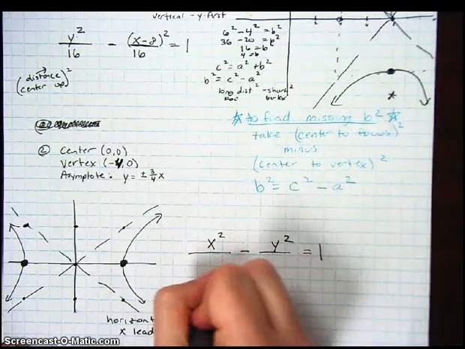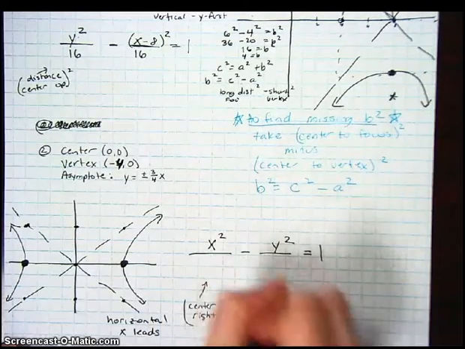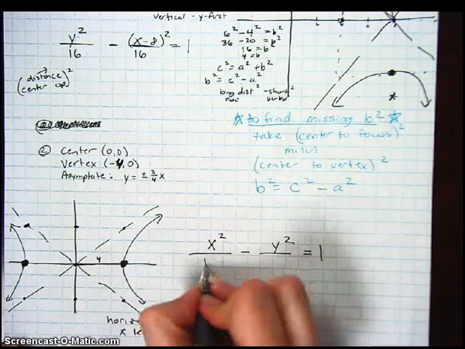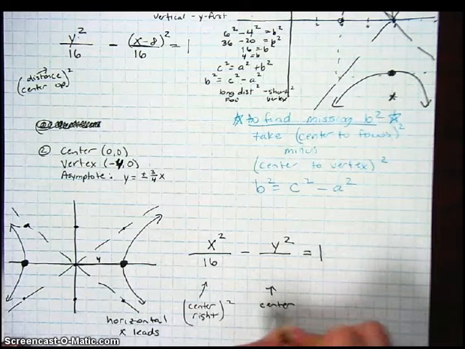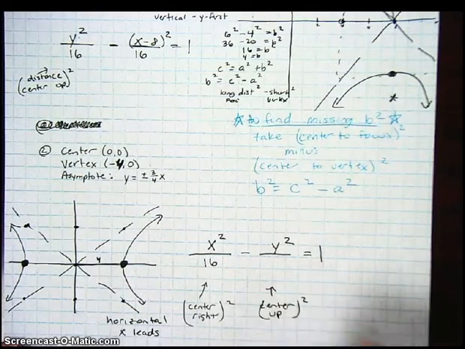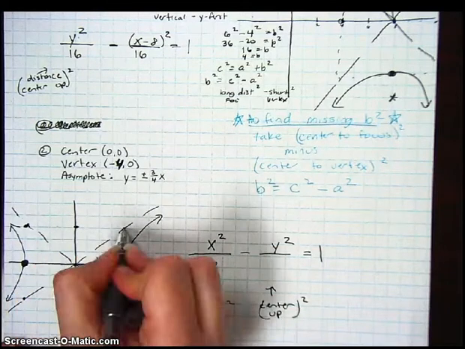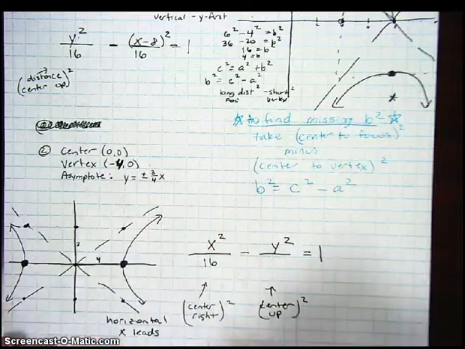Under x is the distance from the center right, squared. From my center to the right is 4 units, so that squared is 16. Under y is center up squared. From my center up, because it's going to line up with the corners where my asymptotes go, we know that is 3 units up.